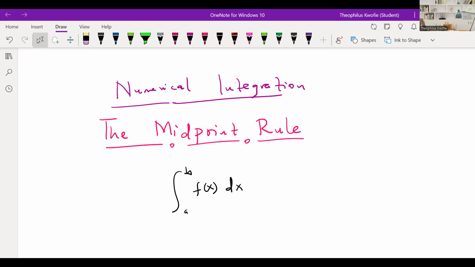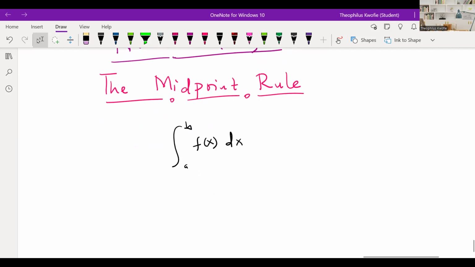So in such a situation, we have to rely on another powerful tool known as numerical integration. That's the essence of numerical integration. But this time around, we are going to use the midpoint rule as one powerful numerical integration method.